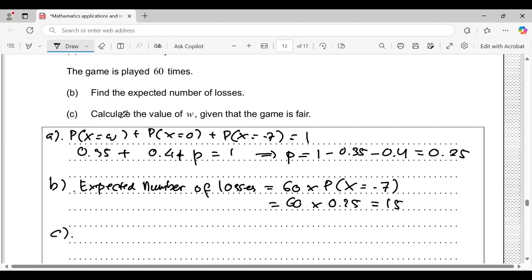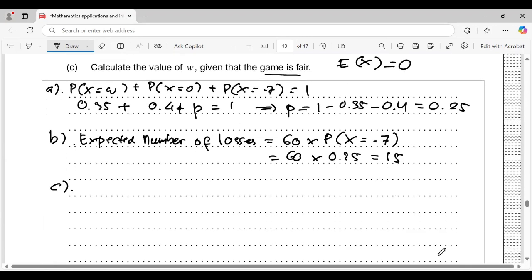C. Calculate the value of W given that the game is fair. If the game is fair, it means E(X) equals 0.